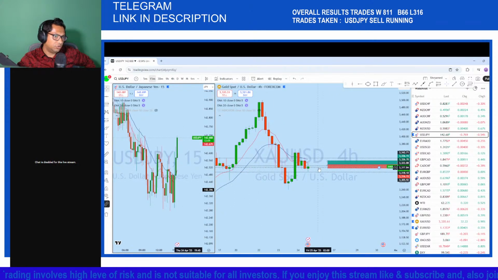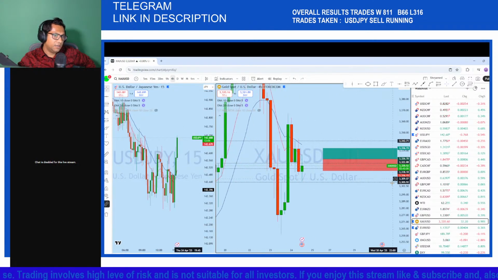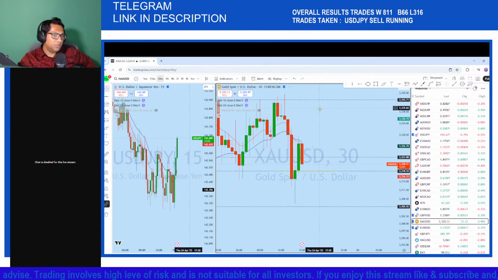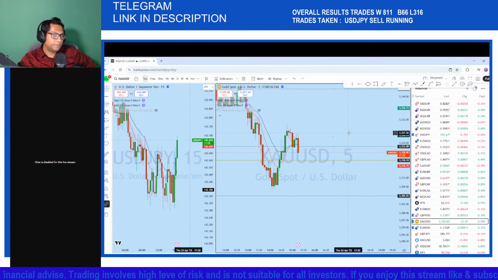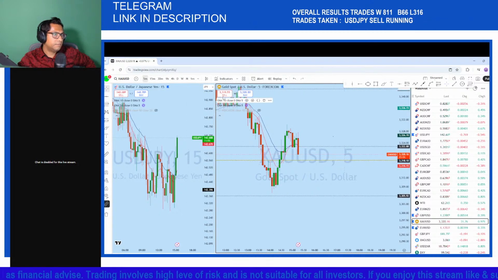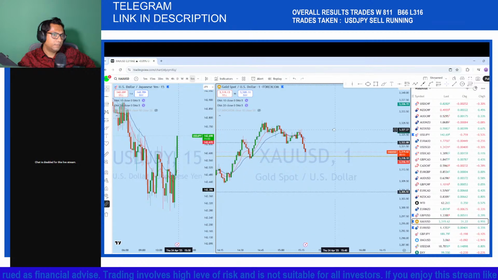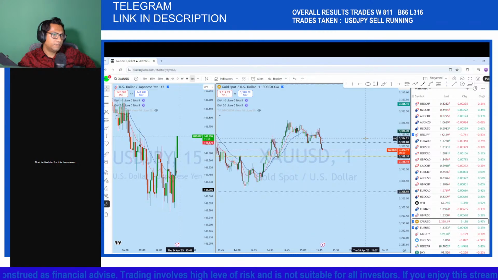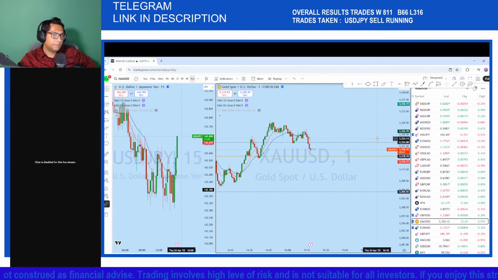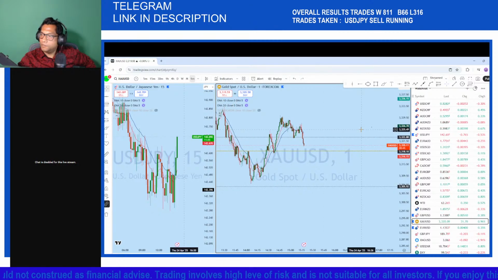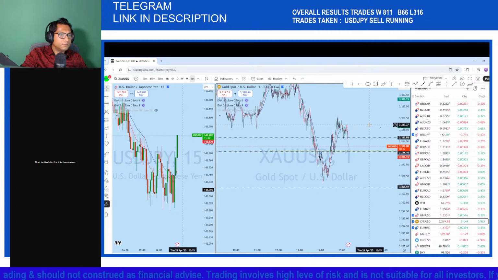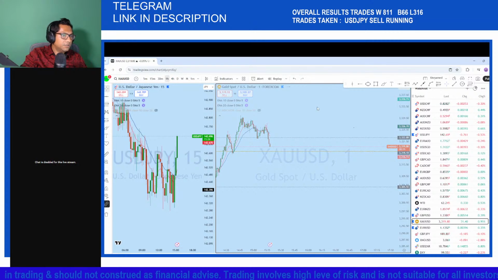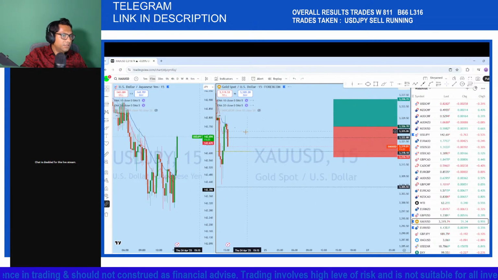Dollar yen managed to bounce again, and with this one here, there is a breakup structure, 1 hour 15 minutes.